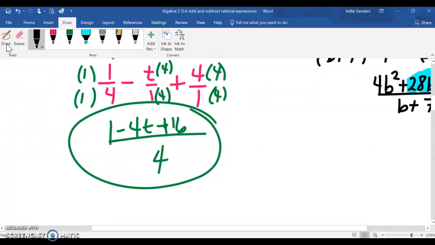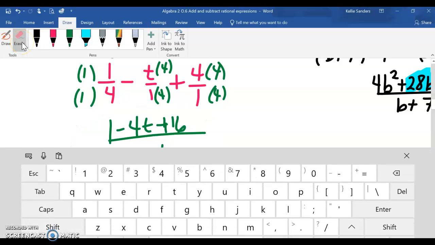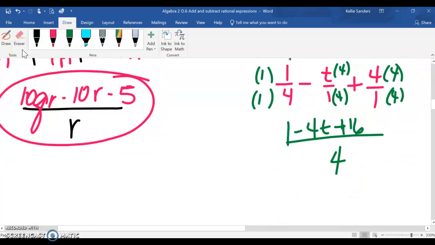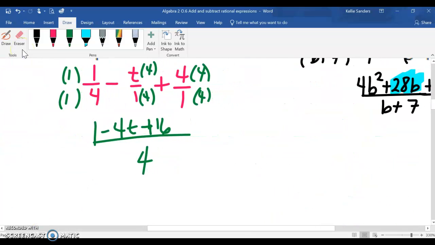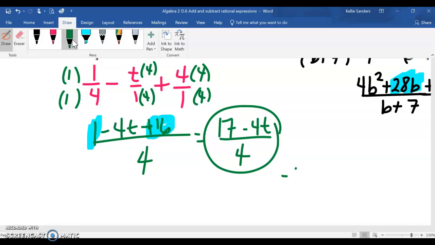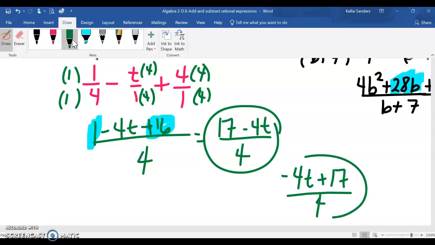So that being said, what can we do on this one? We got to put those together. So it'd be 17 minus 4t, or you could have put the negative 4t first and a positive 17. Both of those are exactly right.